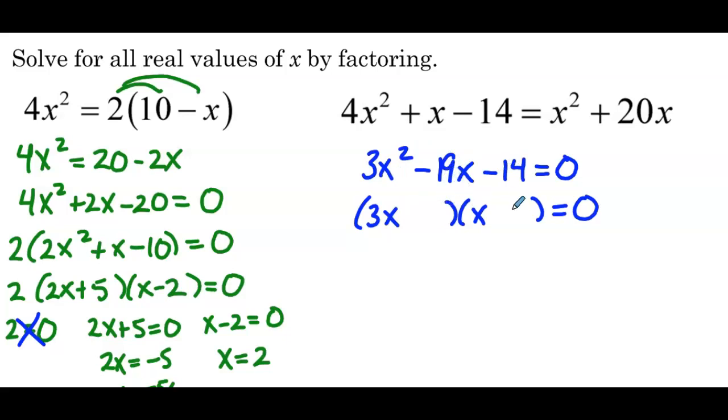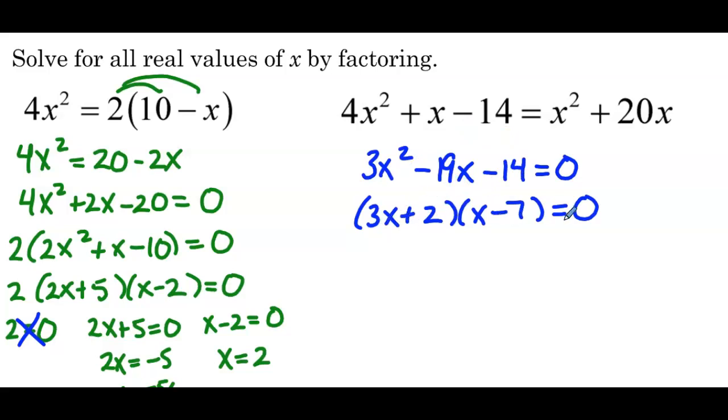So let's see. Let's make that a 7 and a 2. The reason I'm guessing that is because 7 times 3 is 21, and I feel like that's a good place to start. So I'd have 21x and 2x. Well, that actually is perfect because one of these has to be negative. So we'll make the 21 negative and the 2x positive, and that would get us our negative 19x.